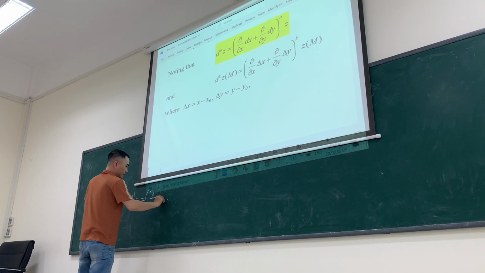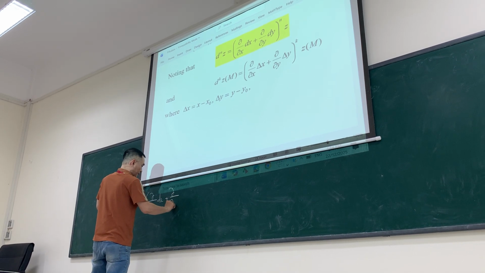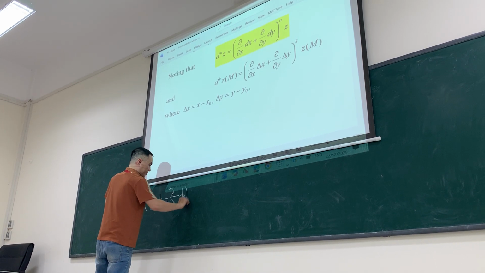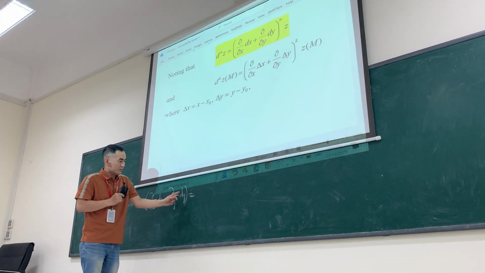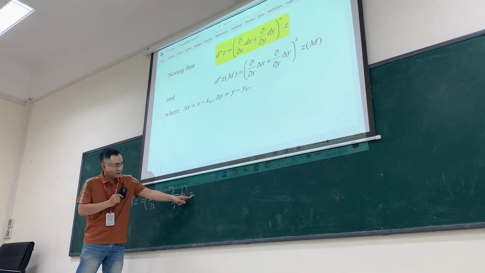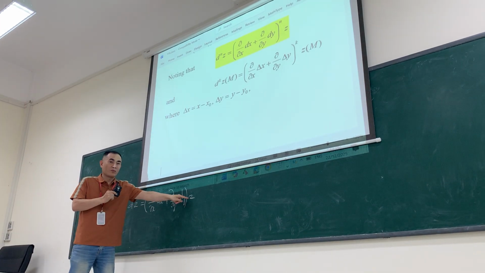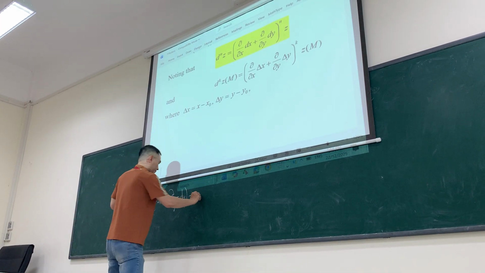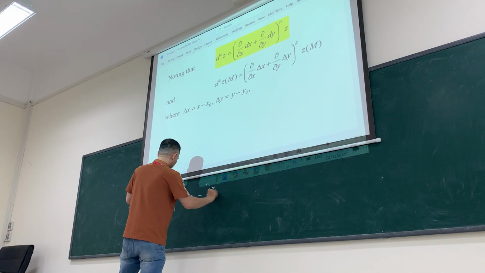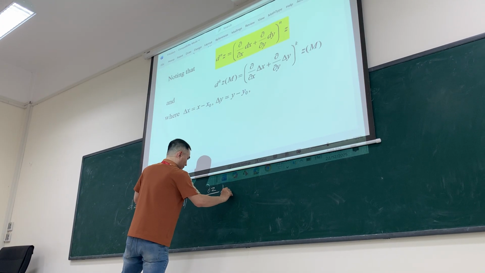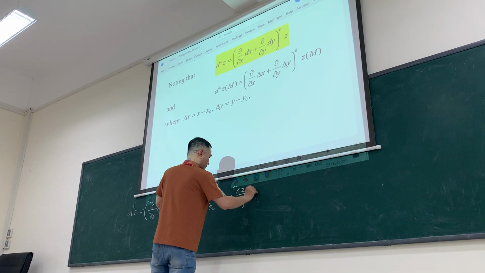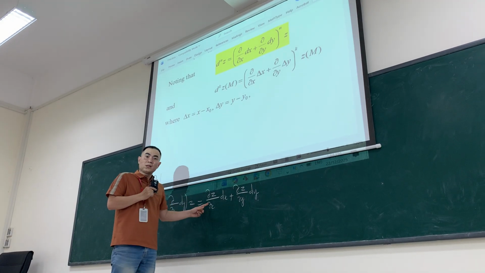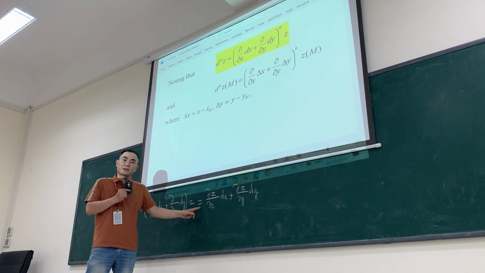It is dx times the partial derivative with respect to x, plus dy times the partial derivative with respect to y, applied to z. Okay, you can see the formula for the first order total differential.